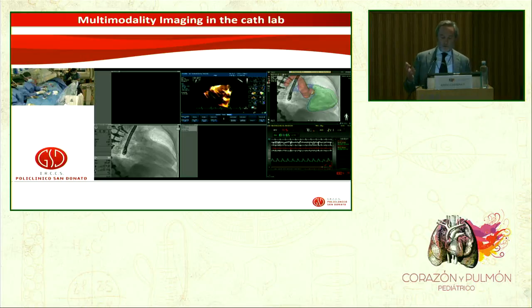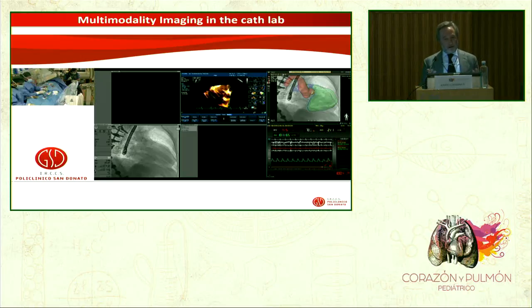So the multimodality imaging in the cath lab proved to be very, very useful. This is an example of the large screen we are using in the cath lab, and this is an example of what you can see simultaneously. You can see the conventional fluoroscopy, the pressure tracing, the overlay of the fusion from CT, transesophageal echo.